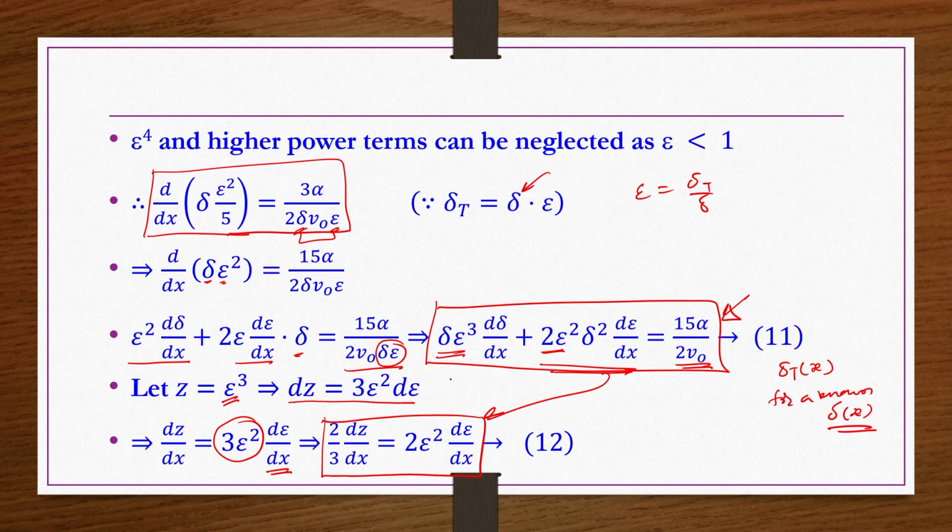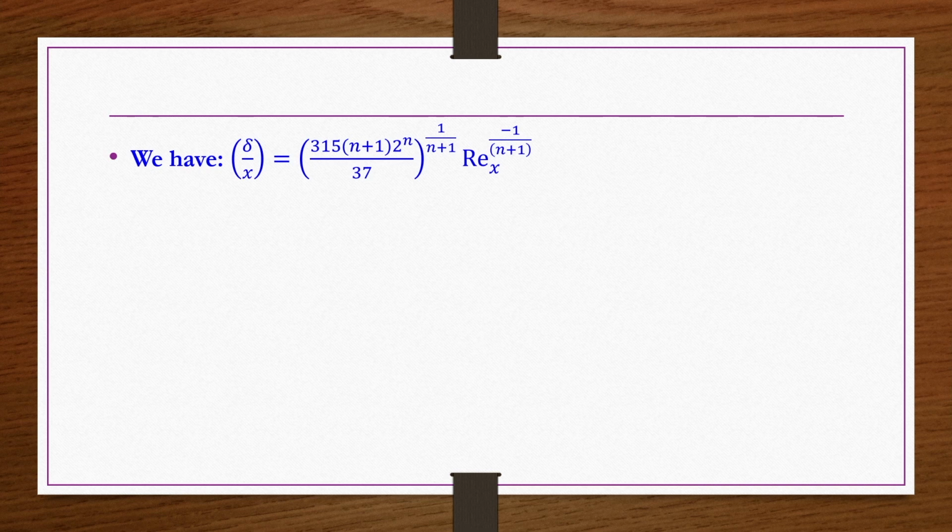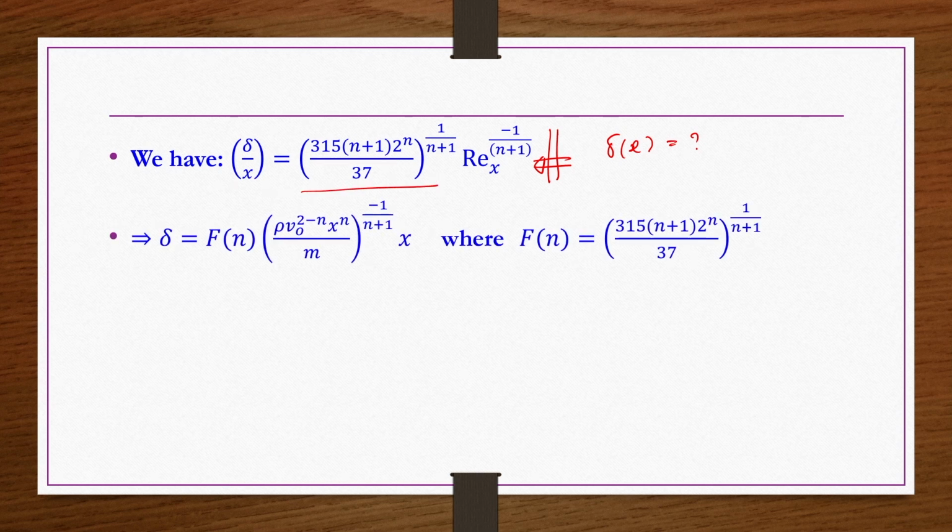Epsilon cube is nothing but z. So, those things we now substitute here. Before substituting, we also enlist what delta is, because we need to substitute delta also. Delta as a function of x, we have derived in the previous lecture, so we are taking it directly. Delta is a function we are calling Fn, multiplied by x power 1 by n plus 1 for the power law fluid, where Fn is rho v naught power 2 minus n by m whole power minus 1 by n plus 1, with x taken to the right hand side.